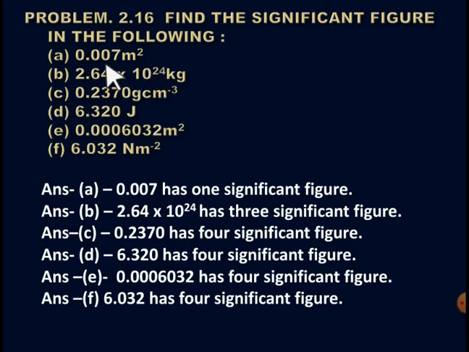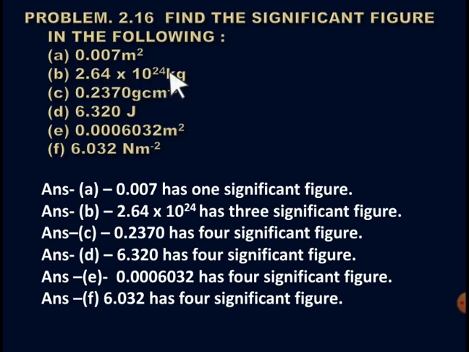We know that zeros to the right of the decimal point, coming before the non-zero digits, are not significant. So this will have only one significant figure. The second one is 2.64 into 10 to the power 24 kg.